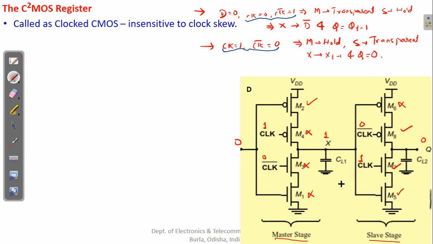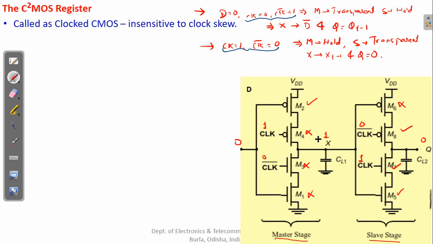And this jumping from transparent to hold, then to transparent, then to hold continues, because the value of clock jumps from 0 to 1, 0 to 1, like this, 0 1 0 1 0 1. So that will make these modes ripple like this. First this is transparent, then this is hold, then this becomes transparent, then this becomes hold, and it goes on like this.